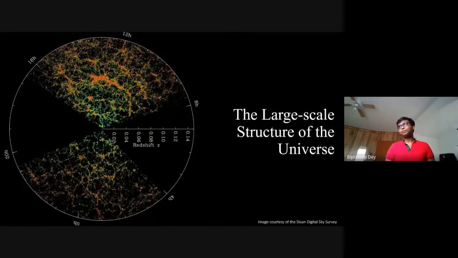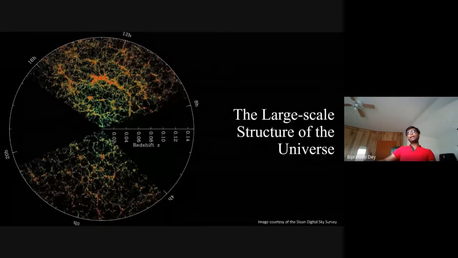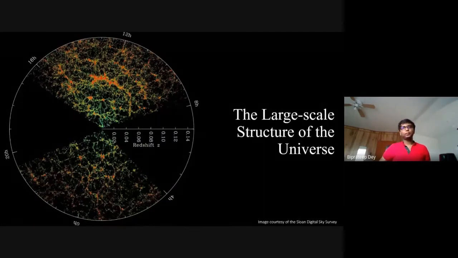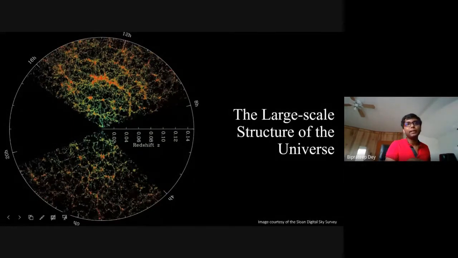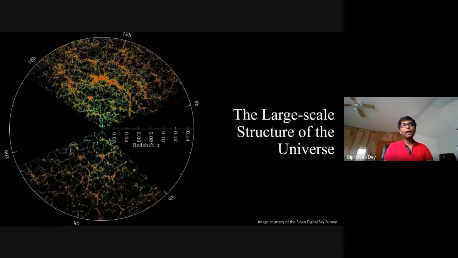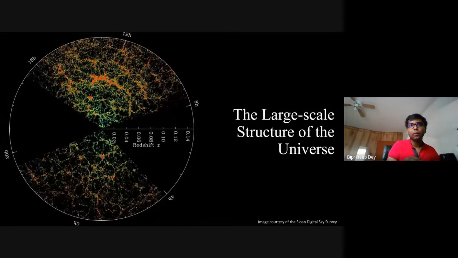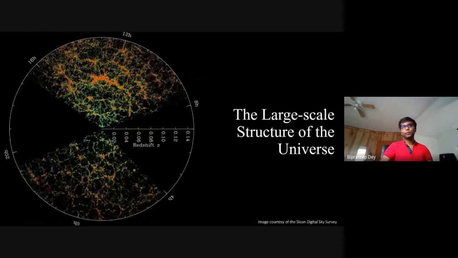And it entirely depends on the size of the telescope that you have. For example, this image was created using the Sloan Digital Sky Survey, and it could see up to a redshift of 0.1, and it was a 2.5 meter big telescope.